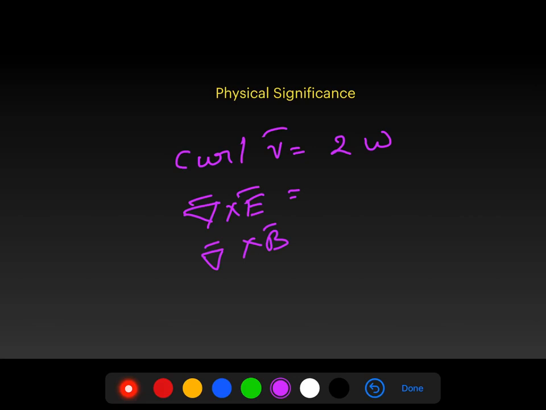So, the curl of the electric field and the curl of the magnetic field result in the rate of change of the magnetic field in the perpendicular direction. The curl of the magnetic field results in the flow of electricity. So, that is the physical significance of the curl.